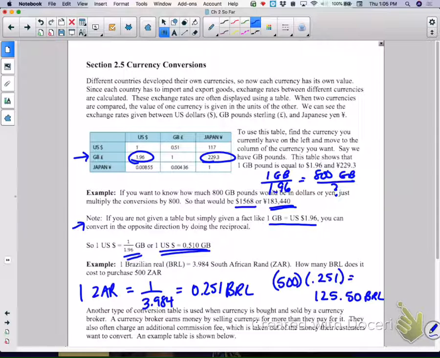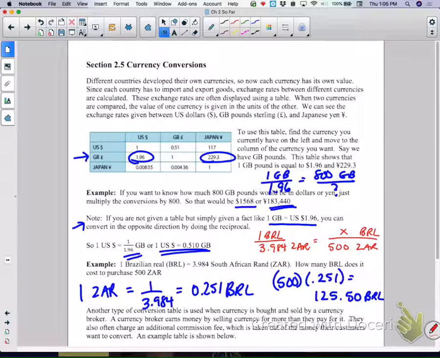Now again, if you wanted to do that with a proportion, let me just show you what that would look like. So we have 1 Brazilian real to 3.984 of the ZARs, and I want 500 of the ZARs, but I don't know how many of the Brazilian money that's going to be.